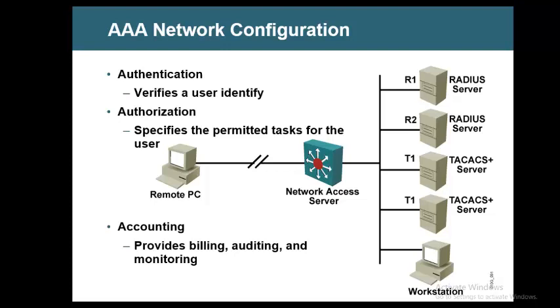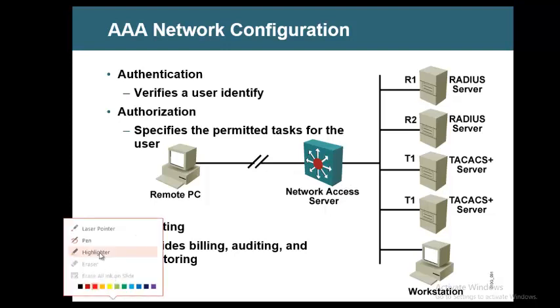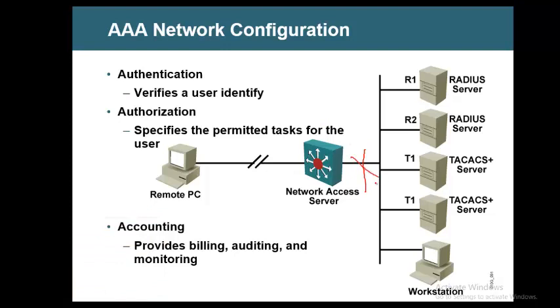What if the RADIUS and TACACS+ servers are unreachable? See, when you have RADIUS and TACACS+ configured as AAA on a switch, without the TACACS+ and RADIUS server, the switch cannot allow anyone. So for some reason, if this link goes down here, no one will be able to access the switch or any switch in the network where the AAA is enabled.